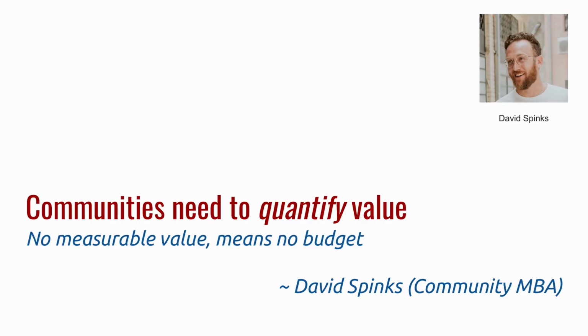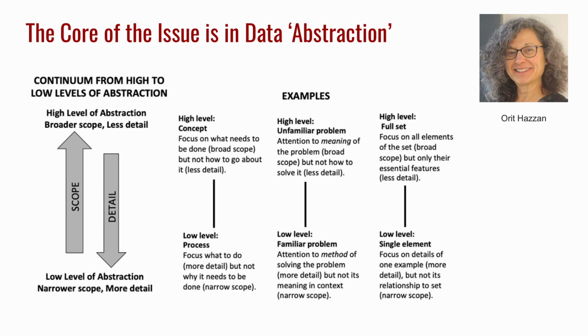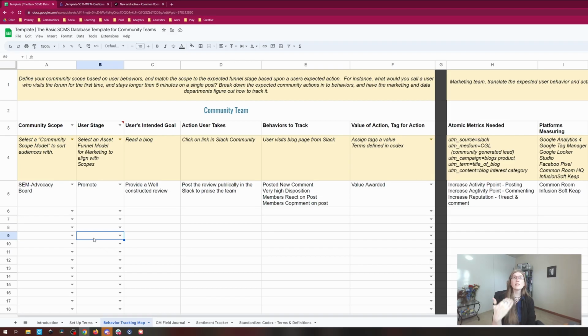You need to be able to quantify it, to qualify it, to abstract it into the same language that the rest of your team for your brand community is going to be using. I.e., you need to be able to connect the behaviors that your marketing funnel is connecting to the data that you have, or it's not going to jive with what the marketing department is saying. And that's what this spreadsheet is for.